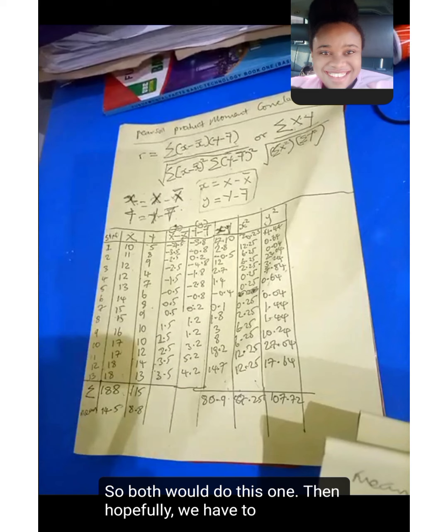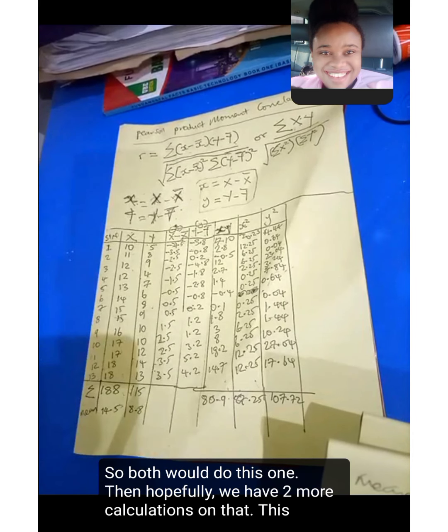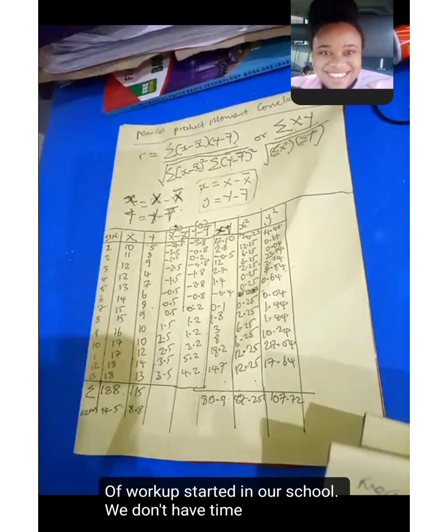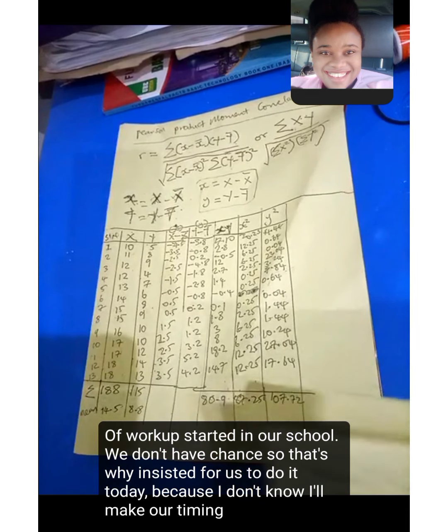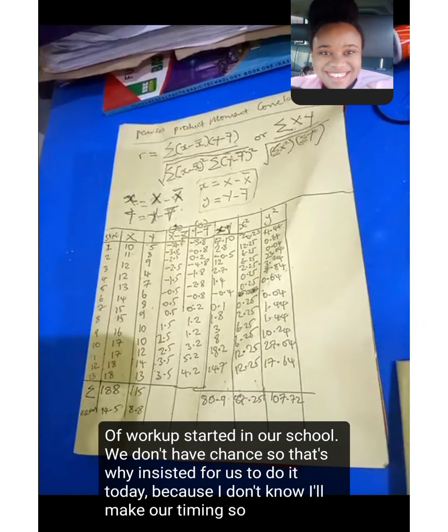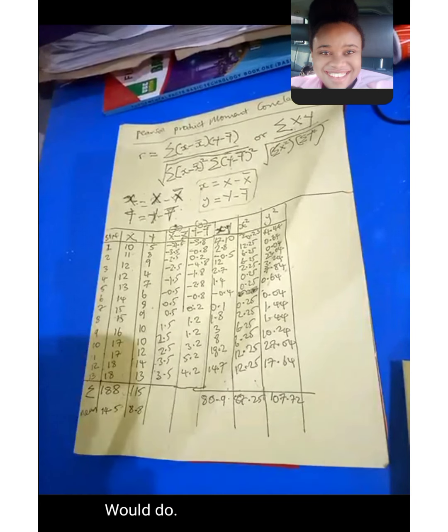I don't usually have a chance. Since work started this period and at school we don't have a chance, that's why I insisted we do it today, because I don't know how I'll make time again. Let's finish this. If we have time, maybe a little time tomorrow evening, we'll do the other part. Then anytime any other one comes up, we'll see how we do it.